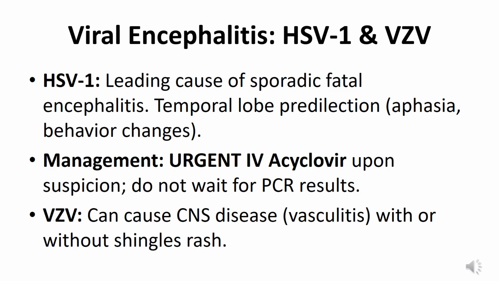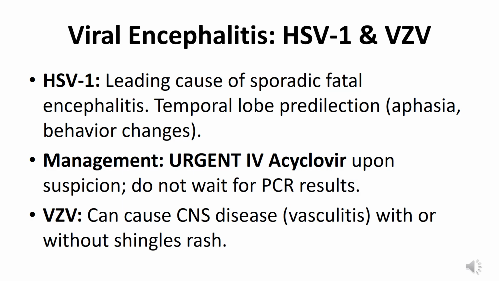One reason HSV1 is so distinctive is its tendency to affect the temporal lobes of the brain. These regions play critical roles in language, memory, emotions, and behavior. As a result, patients often present with unusual symptoms that may initially be mistaken for psychiatric illness.